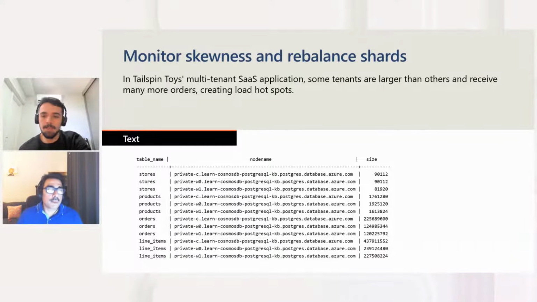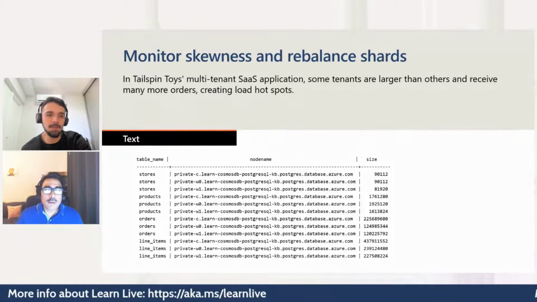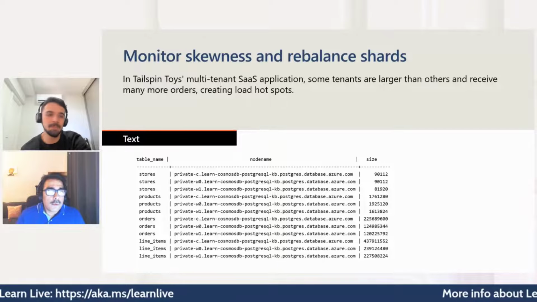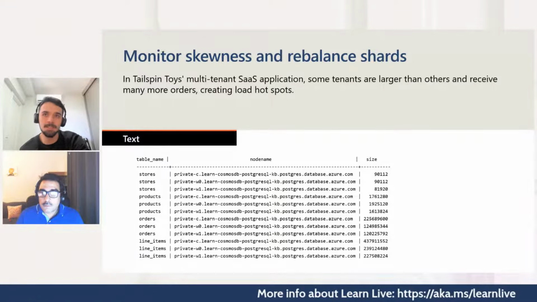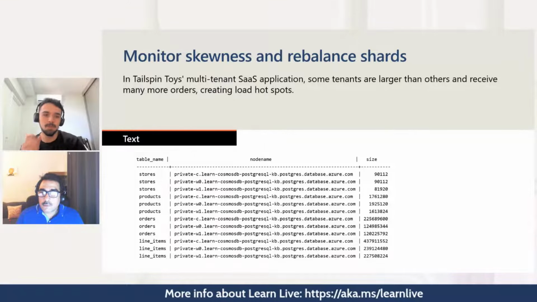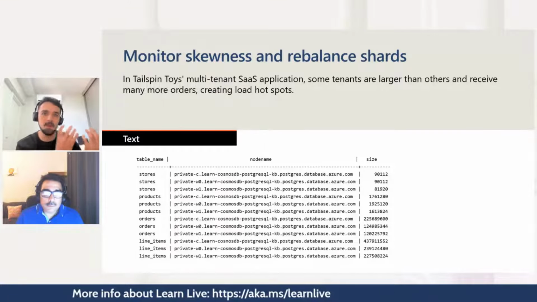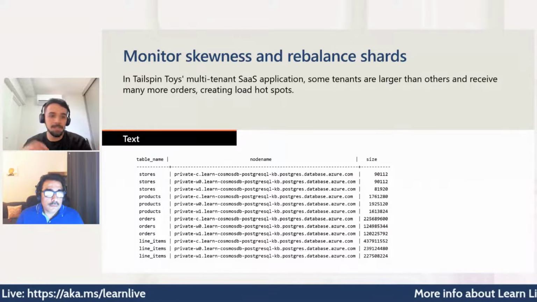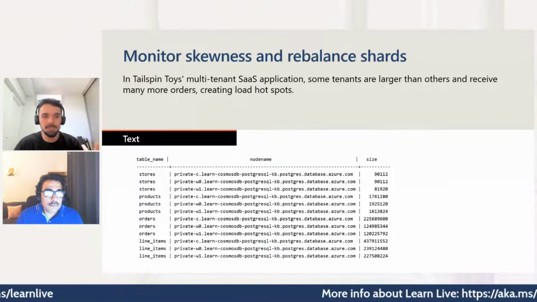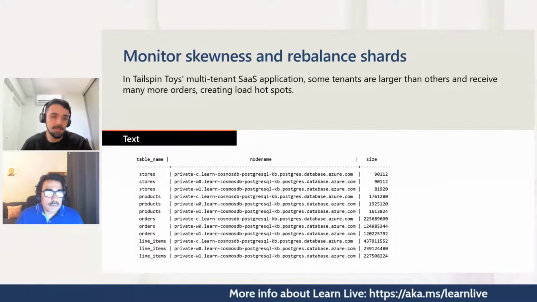Yeah, I just want to add, Citus offers some functions to rebalance shards. There are some strategies that you can use, and the two most famous examples are by shard count, which will rebalance the cluster so that the workers will contain almost the same number of shards each. But like you said, for some reason some shards might contain much more data than the others. Maybe some tenants have more data than the others.